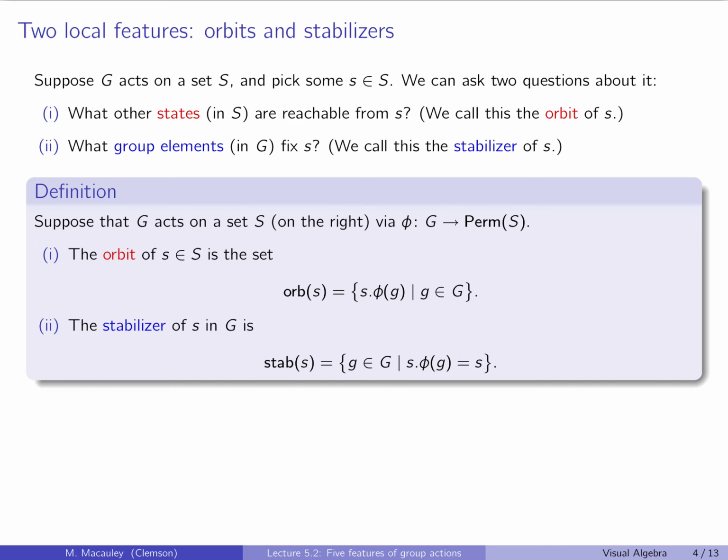The stabilizer of S lives in G, and I write that stab of S, again lowercase s, that is the set of all group elements, little g, such that S dot little g is equal to S.